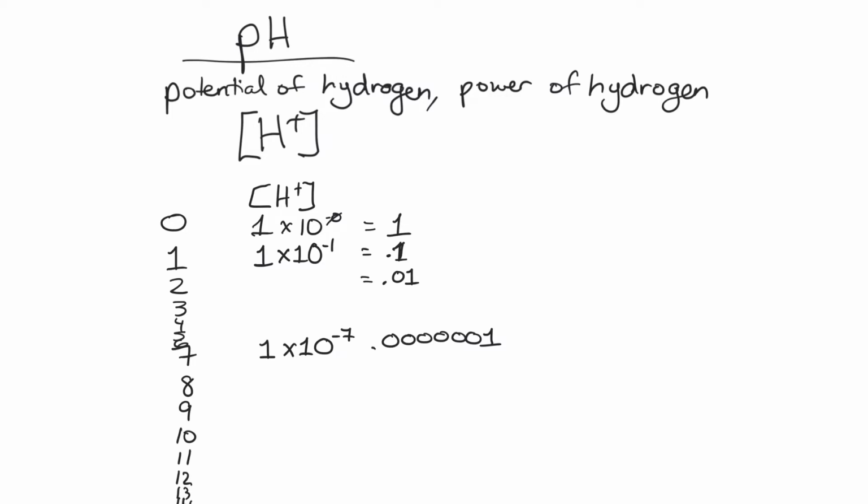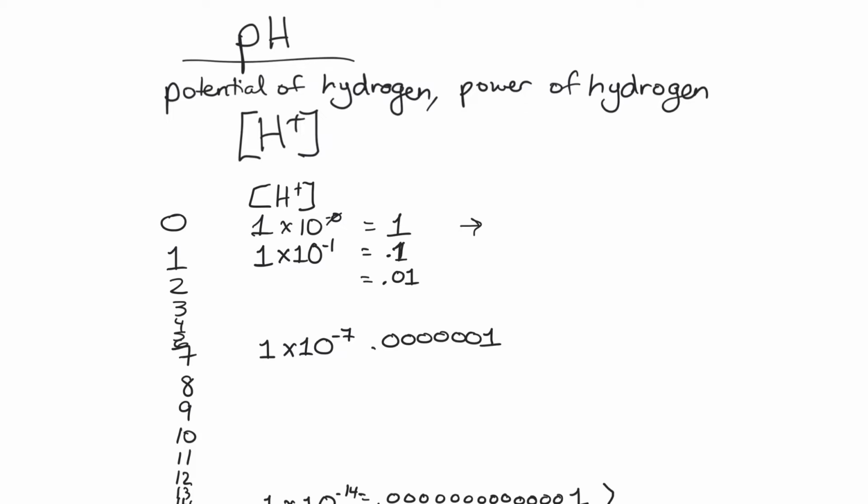Now when you get to 14, you notice this is 1.0 times 10 to the negative 14th. So now you can see why this pH has a much, much less concentration of hydrogen ions than this pH. Even a base has some hydrogen ions in it.